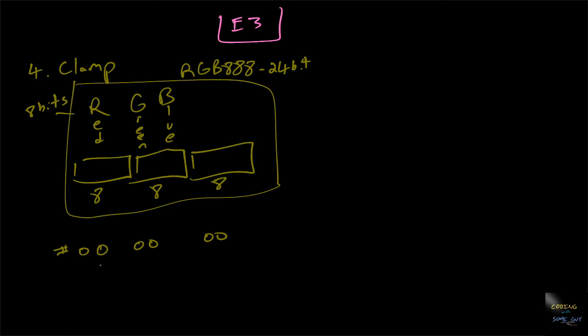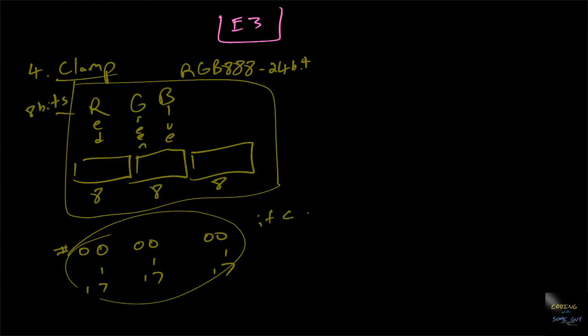So what's the difference between 0, 0, 0 and 1, 1, 1 and 17, 17, 17? Not very much. In fact, you'd need a really sharp display to be able to see that difference, unless I put them right next to each other. So what we can do with clamping is basically just say, if it's less than 20, then just make it 0.